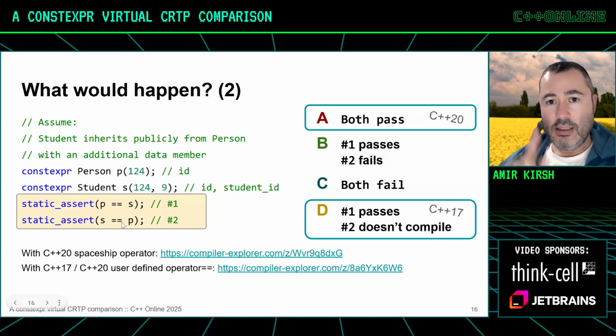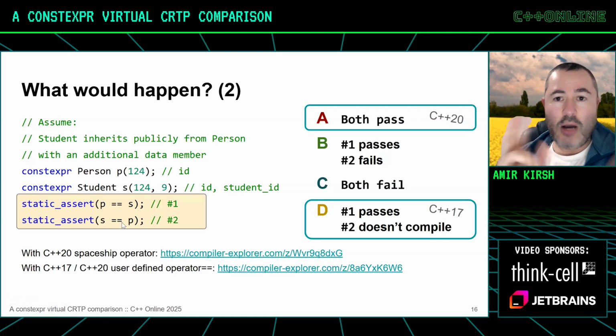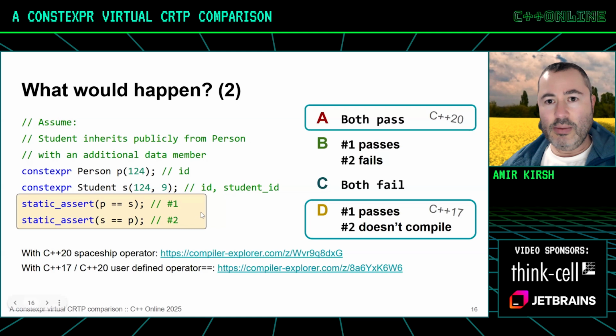Then the compiler says in C++20, you know what? I can switch the two, because equality should allow switching the arguments. And then when I switch the two, the second line resembles, or actually works as, the first one. So in C++20, both pass.